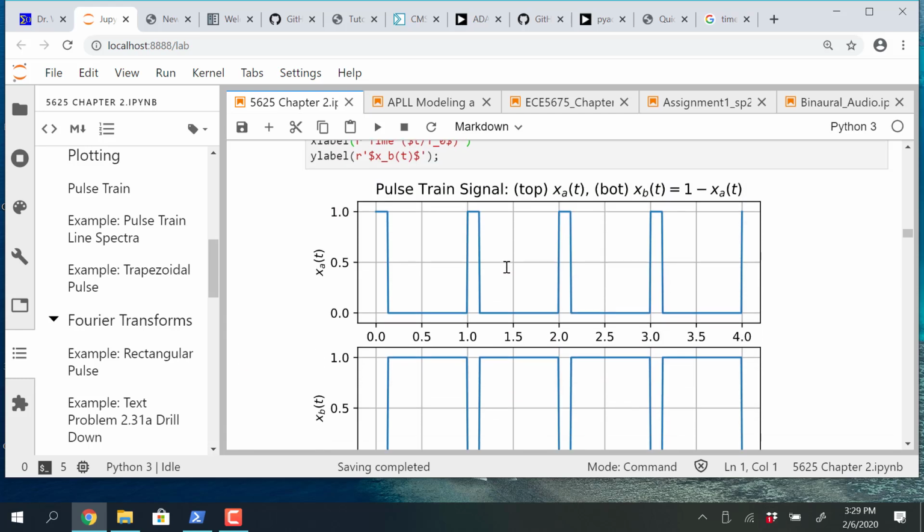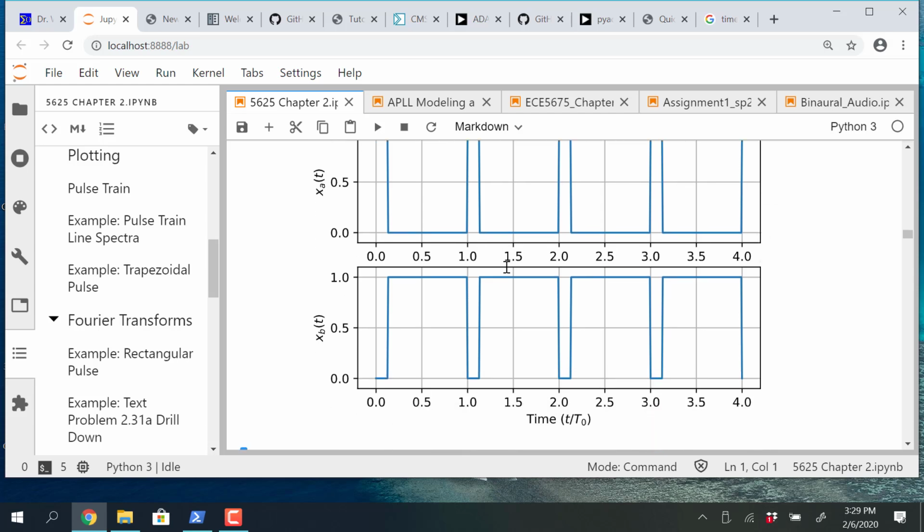There we go. So there's an example of a pulse train, and this one was created to match problem 229, which is why I created it, to talk about 229. I gave you a different take on it for the homework. I said generate one period of it, but still the same idea, right? You were just generating one period of it.